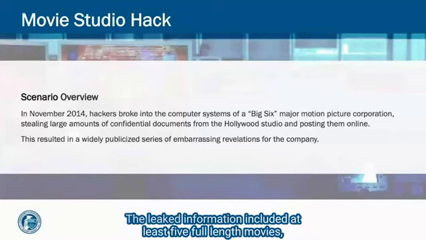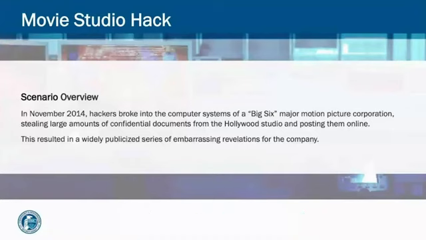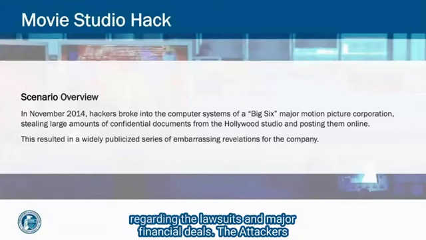The leaked information included at least 5 full-length movies, detailed personal identifiable information of thousands of employees, tens of thousands of email exchanges, and confidential information regarding lawsuits and major financial deals.